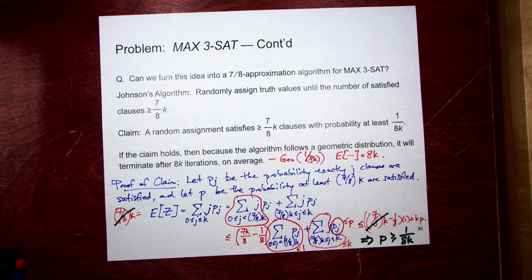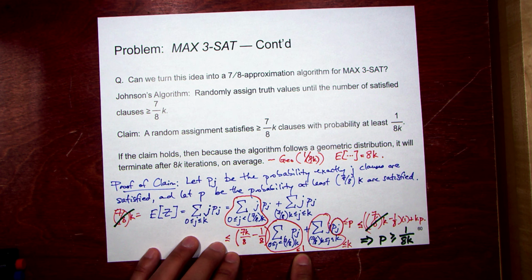Where do the approximations of the sums of pj come from? They are very gross, right? The sum of all these probabilities is certainly less than or equal to 1, because the pj's are mutually exclusive. It's the probability that exactly j clauses are satisfied, so they partition the set.